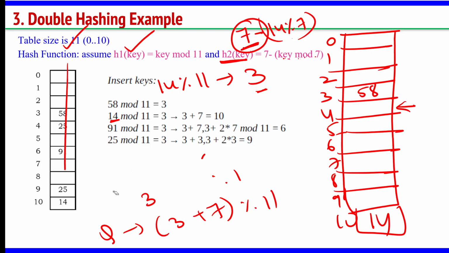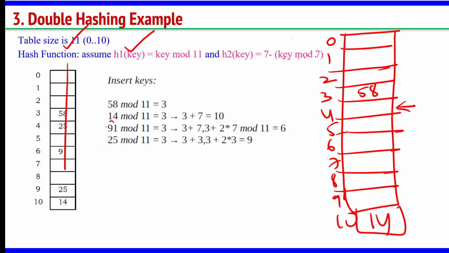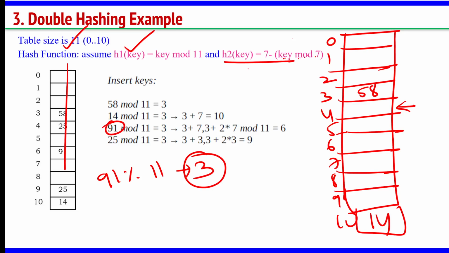We will understand this by taking more numbers. Next, the third number is 91. 91 mod 11 gives me 3. When it gives me 3, you go to the second hash function. I have to add something here, x modulo 11.